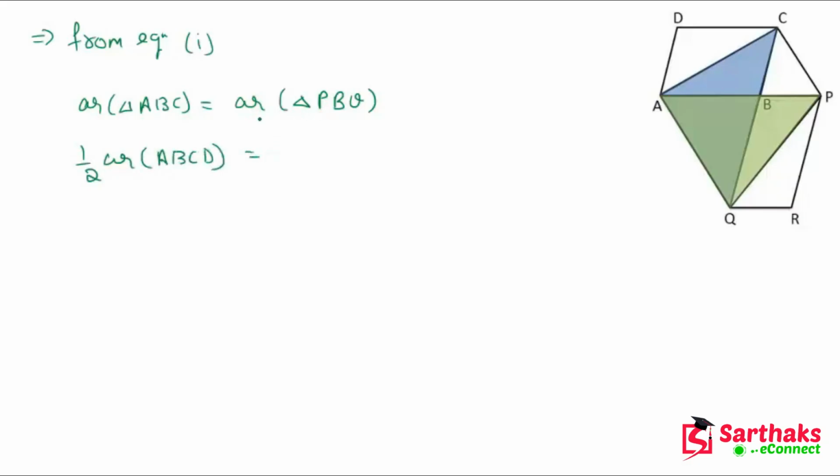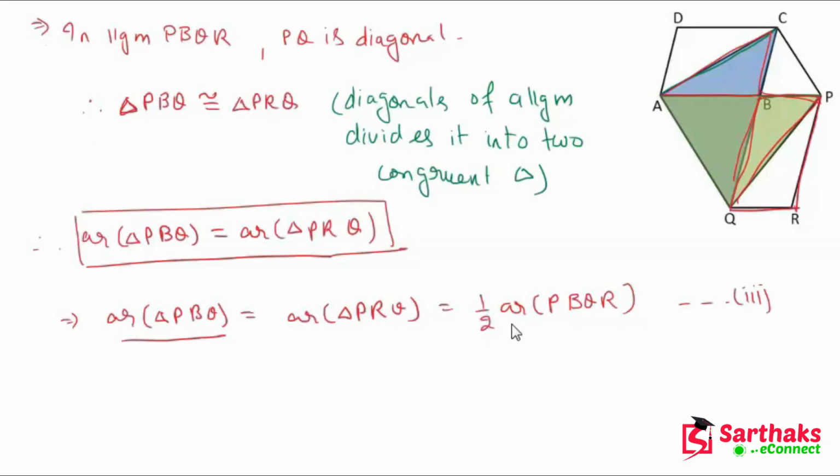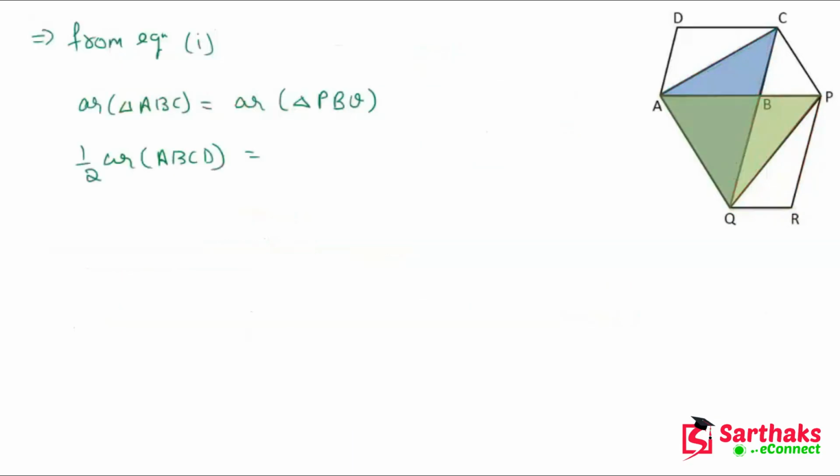And the area of triangle PBQ, from equation 3, is equal to half of the area of parallelogram PBQR.